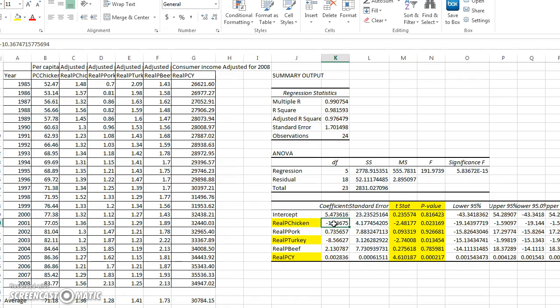Because my dependent variable is in the unit of pounds, it's very clear: when price goes up by $1, the quantity demanded would drop by about 10.37 pounds. That's how you interpret the sign and also the magnitude of this coefficient.